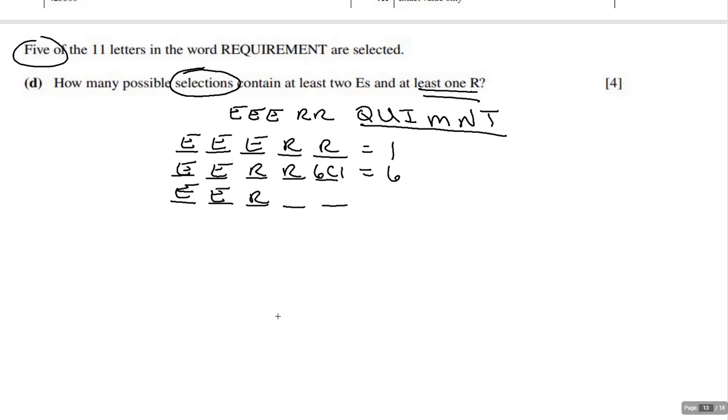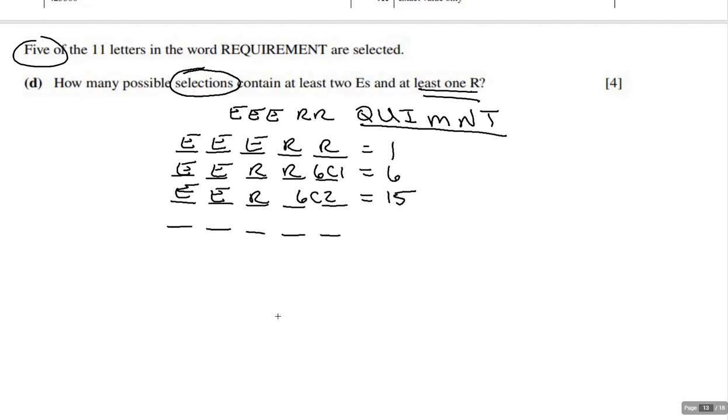We do need to figure out how these other get chosen. How many non-E's or R's are there? 6. So I'm going to do 6, choose 2. Help me out. What's 6, choose 2? 15. And now, 1, 2, 3, 4, 5.